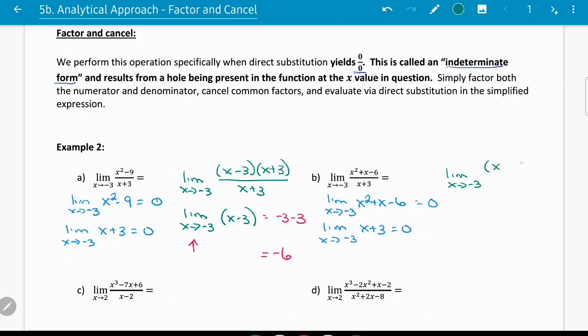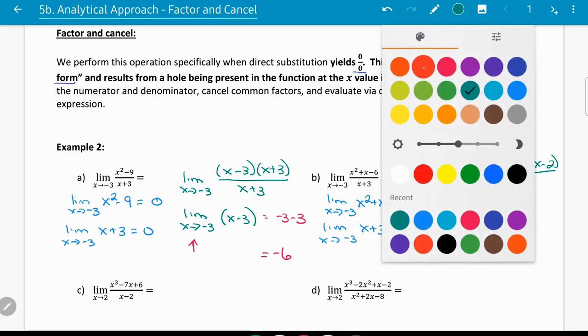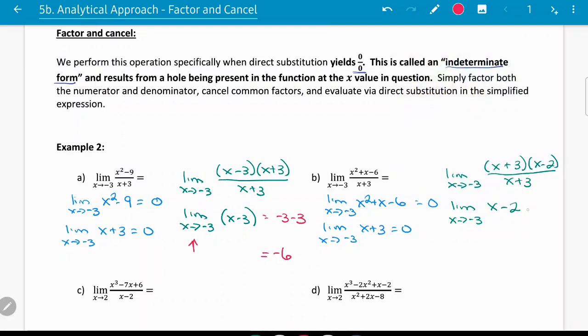This factors to x plus 3 and x minus 2 over x plus 3. Simplifies to the limit as x approaches -3 of x minus 2. And I can now do direct substitution, and I'm going to see that that's -3 minus 2, which is going to be -5.